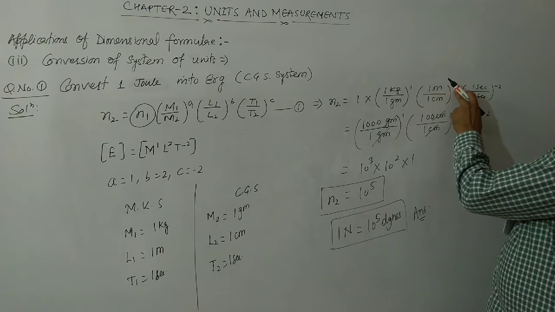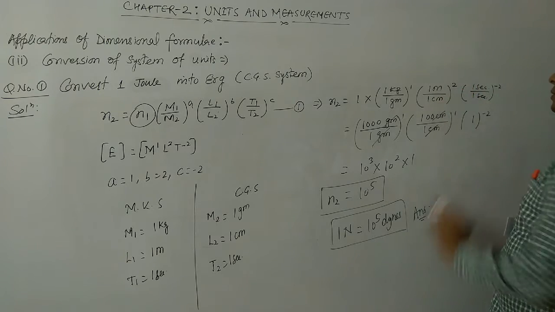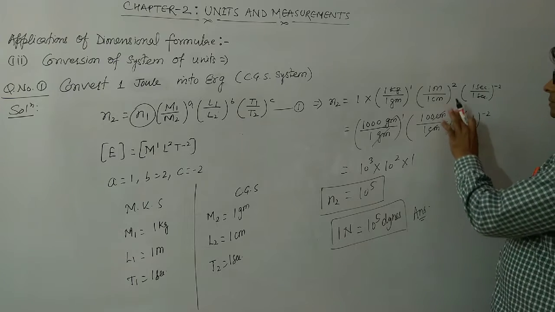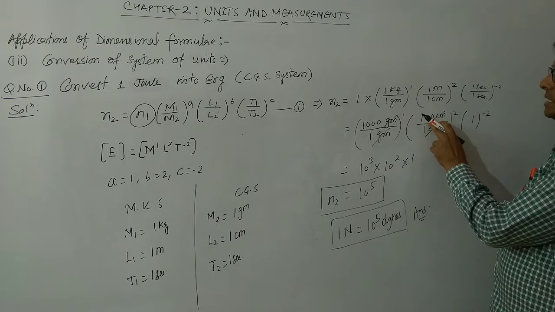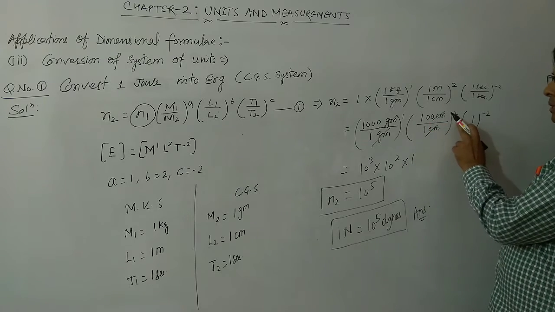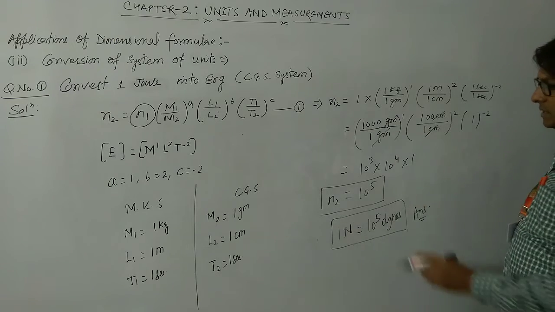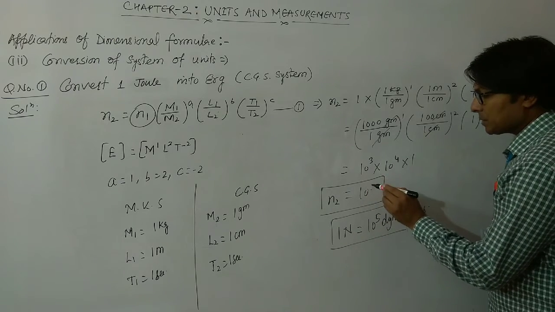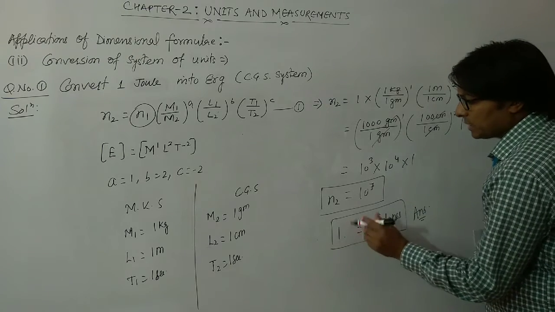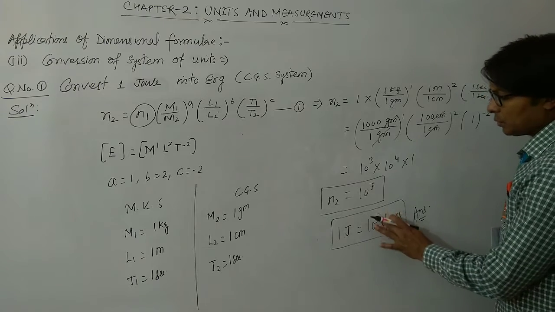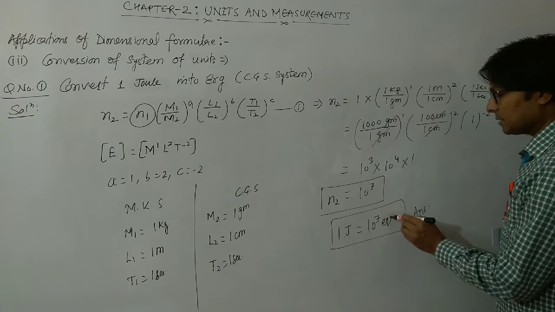The power, instead of 1, we will use b equal to 2, and 100, that is 10 raised to the power 2, whole square, becomes 10 raised to the power 4, and the rest remains the same. So n2 comes out to be 10 raised to the power 7. So how much is 1 joule? 1 joule is equal to 10 raised to the power 7 ergs.